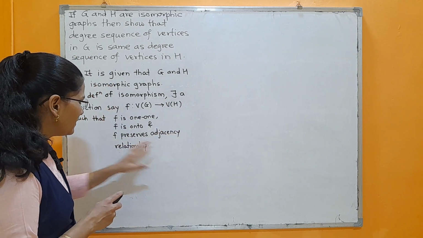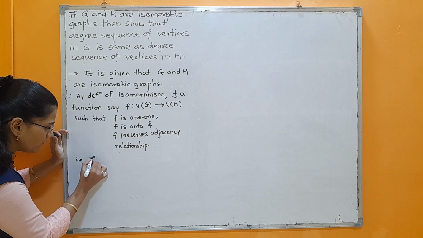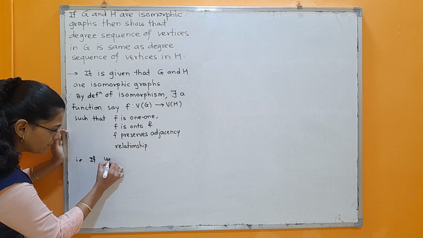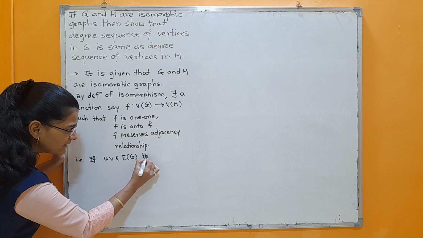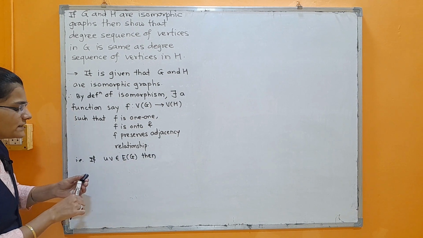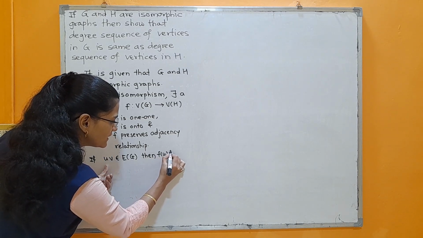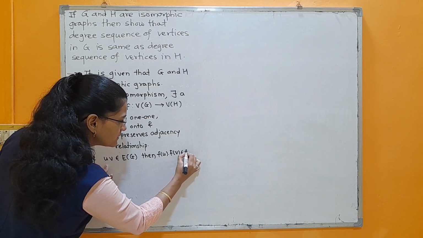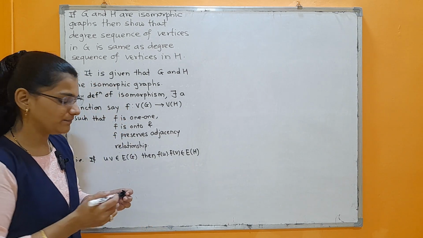So I am writing here, f preserves adjacency relationship means that if uv belongs to the edge set of G, then the image of u, f of u, and the image of v, f of v, will be an edge in graph H.